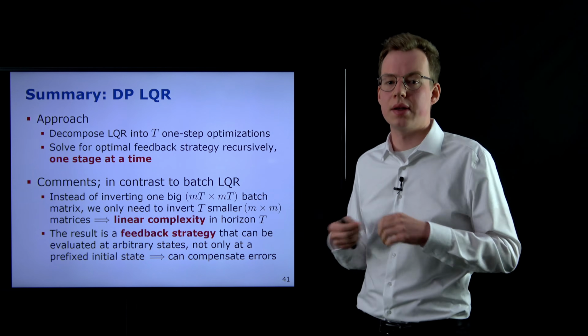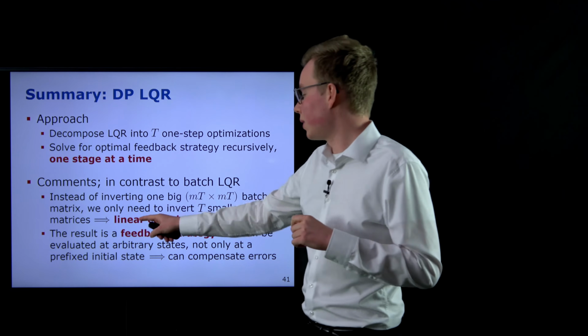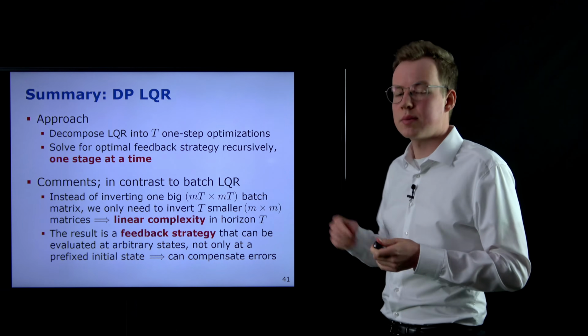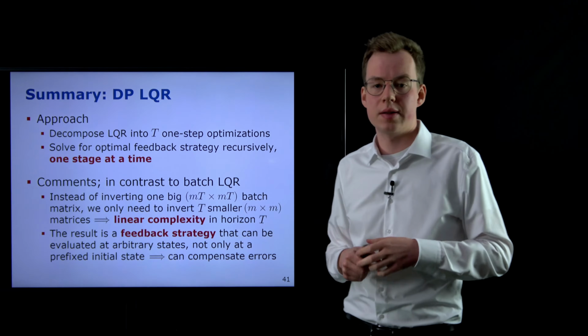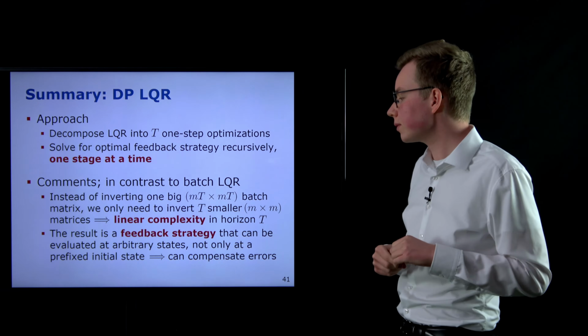It doesn't depend on the planning horizon. So this is now linear complexity in the horizon, because we just have to solve more of these small matrices for a longer horizon, but the matrix itself doesn't grow.